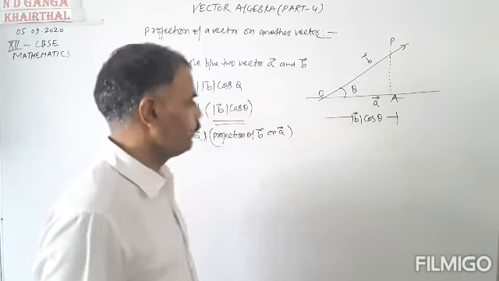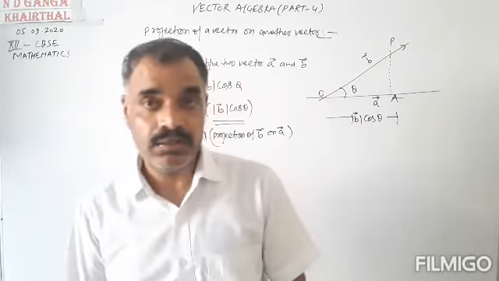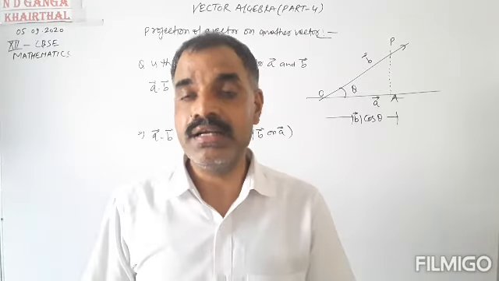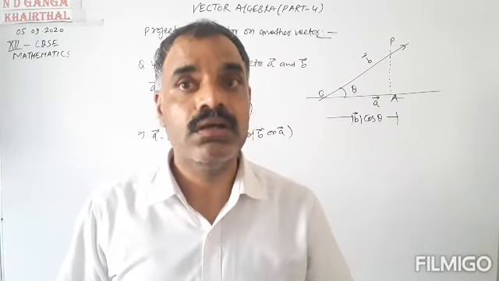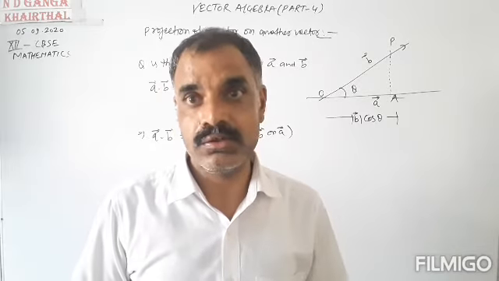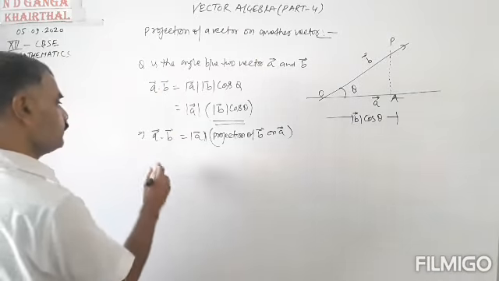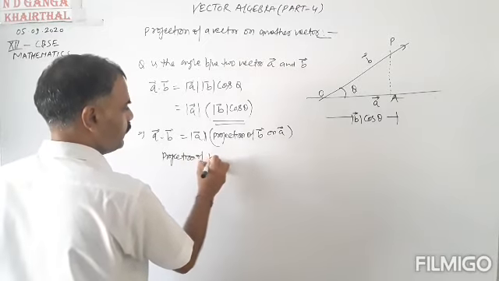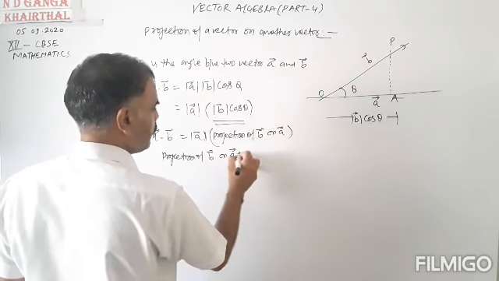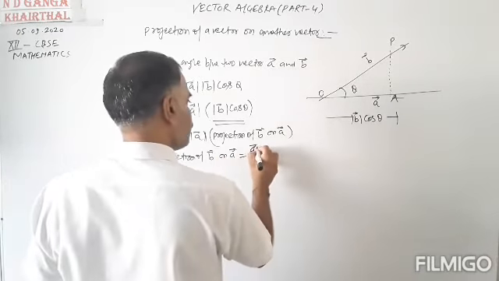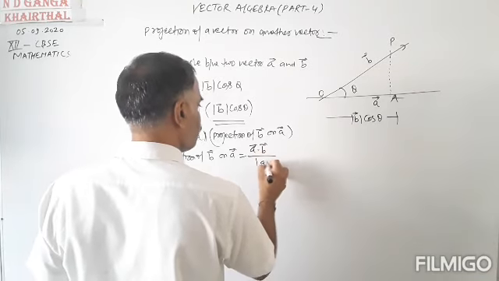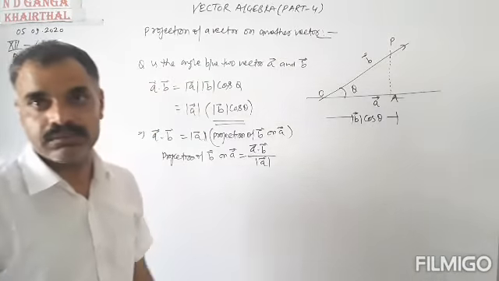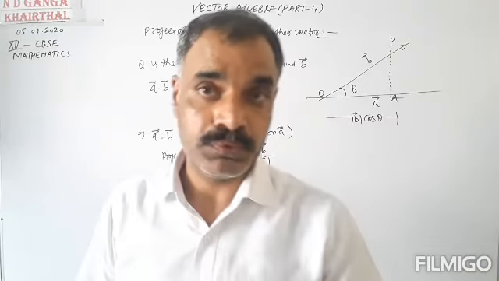What we are finding is the projection of vector B on another vector A. So the projection of B vector on A vector is equal to A vector dot B vector divided by magnitude of A vector.